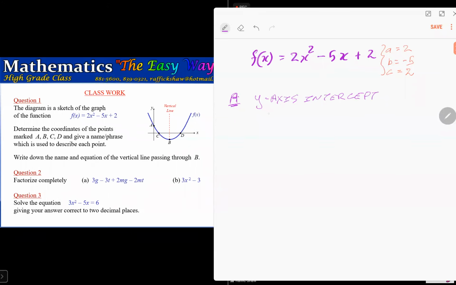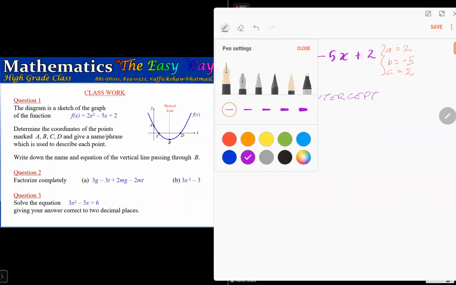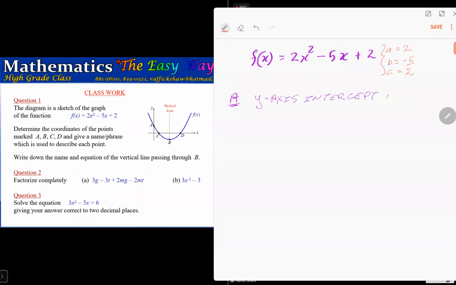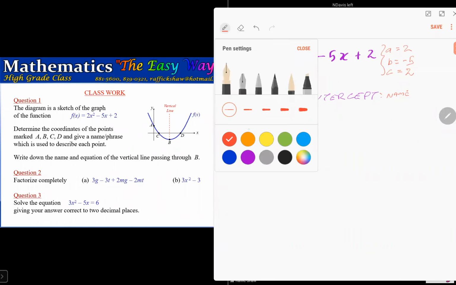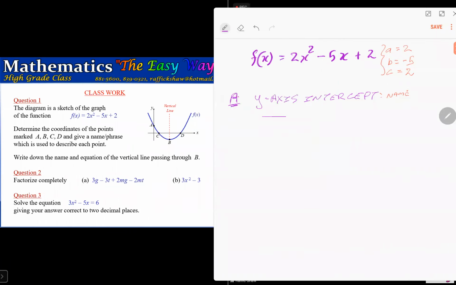And that's the name of it. So I've written the name first. And then the coordinates would be 0 and the c value, right? And that would be 0, 2. What we do sometimes is put the letter in front.